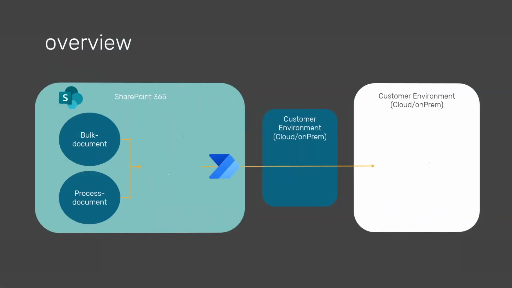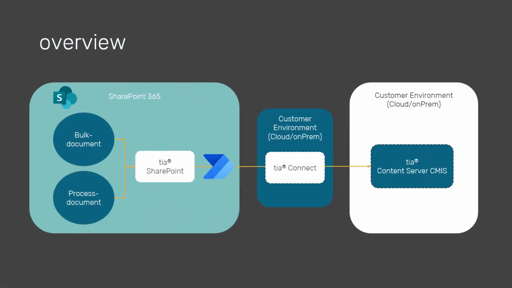To give you an idea or just an overview about the solution. So of course we are in SharePoint 365. We implement a component called tier SharePoint here, which actually is the add-on for configuring and archiving UI add-on in the SharePoint site itself.